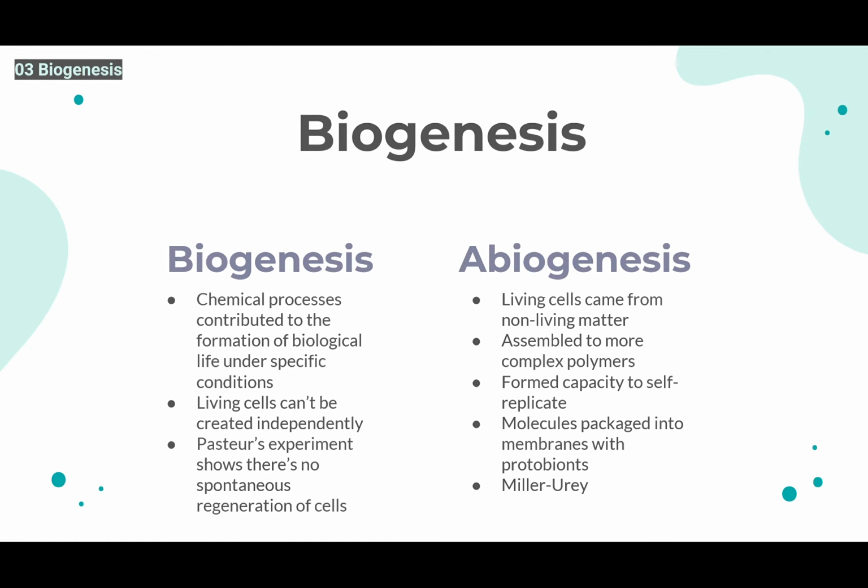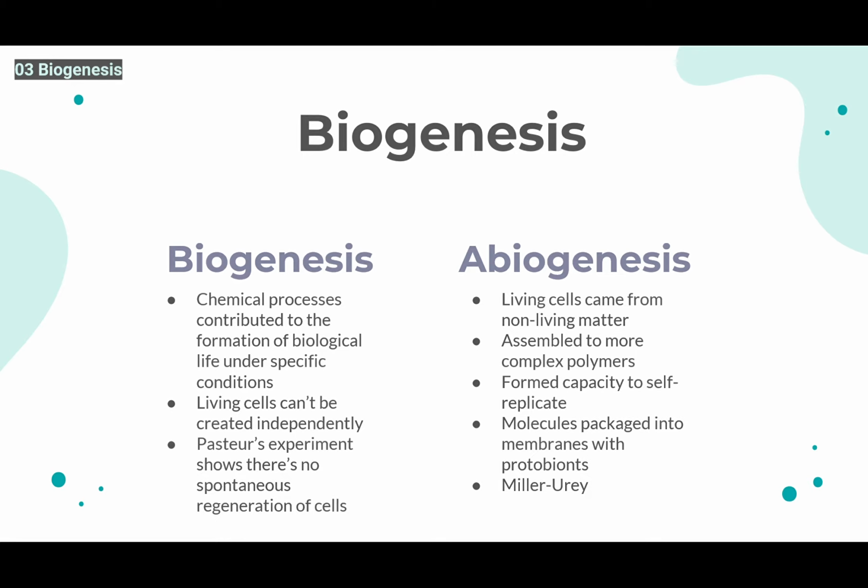Next we come to biogenesis, and biogenesis is the chemical process that contributed to the formation of biological life under specific conditions. Living cells could be created independently by abiogenesis, or non-living matter genesis, but conditions don't exist on modern Earth that would facilitate abiogenesis.